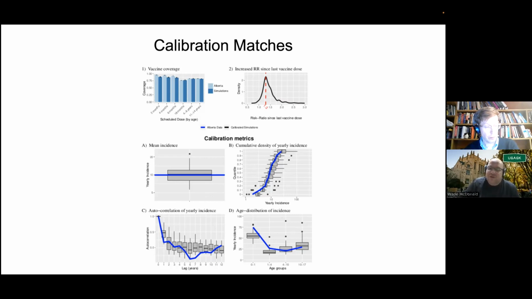The point of using these measures to fit the model was that we can't expect the model to match all of the ups and downs of an exact outbreak pattern necessarily. But the desire was to have outbreaks be in size and frequency that is expected based on data from the real world.